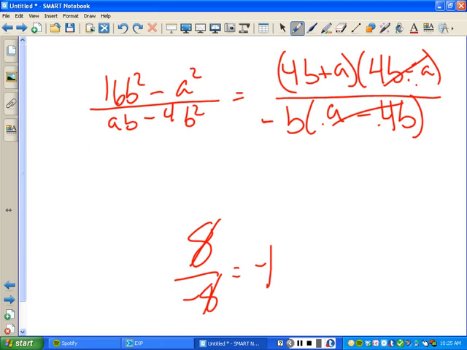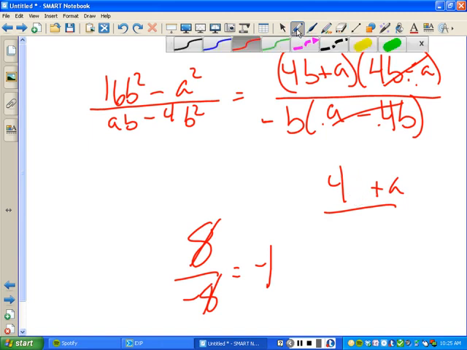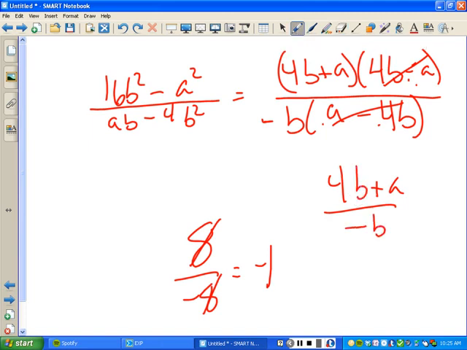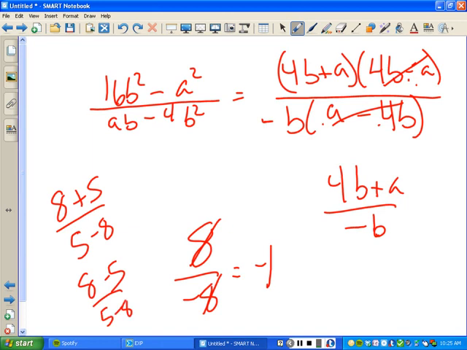And so your answer is 4b plus a over negative b. Say it again, please. Great question. 8 plus 5 over 5 minus 8 is not the same thing as 8 minus 5 over 5 minus 8. You see here, the sign is the same for both.